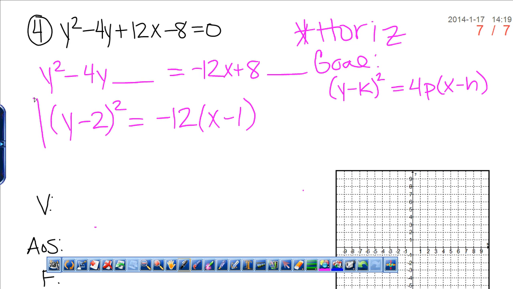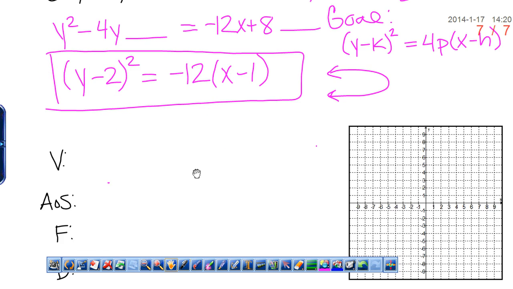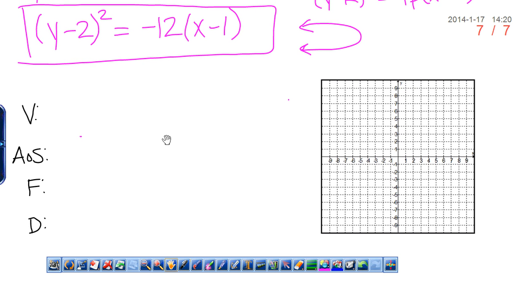Everyone okay on that? Which way is this going to open? Left. Good. Horizontal. So your options are left or right. This is a negative 12, so I'm going to open left. Okay, try and fill in this information. And sketch your graph.